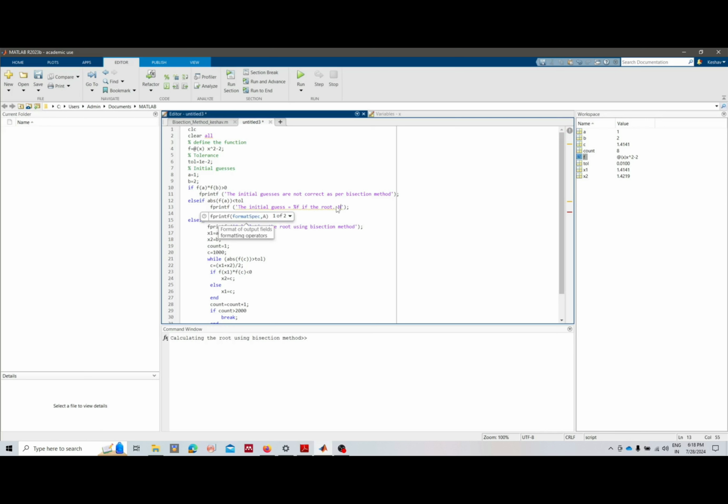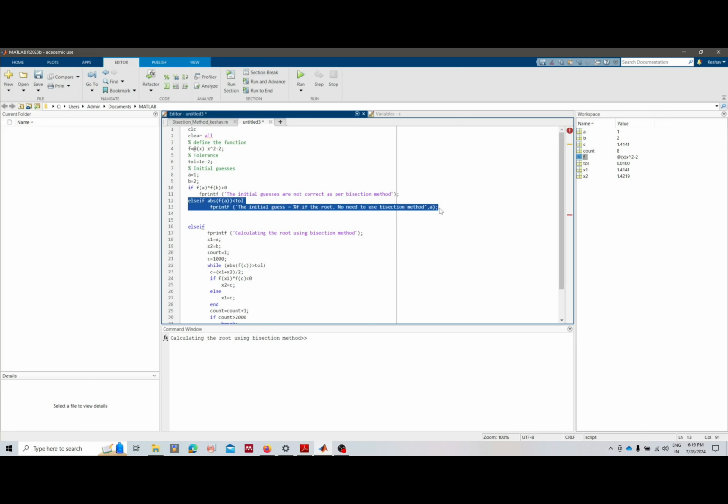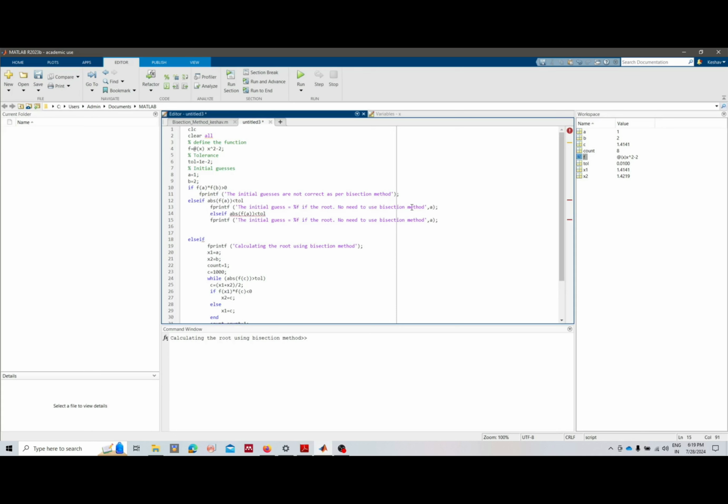Full stop, no need to use the bisection method. Okay. Similarly, rather than a, if b is the actual root, the same thing I need to write again.